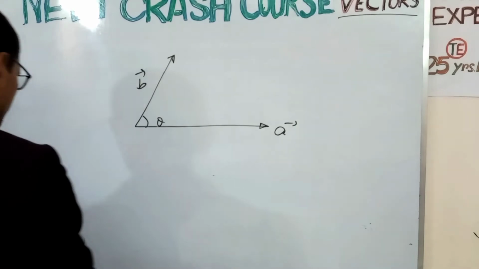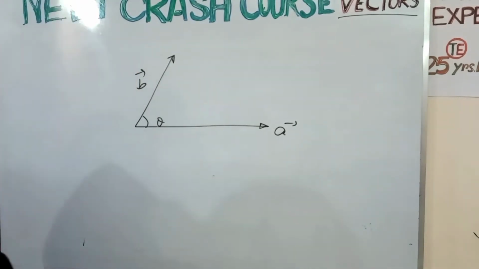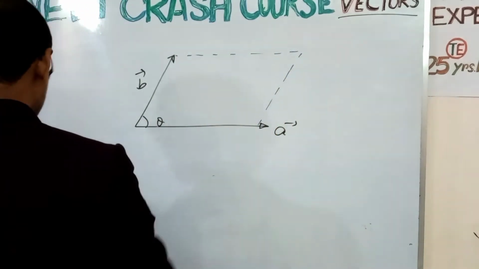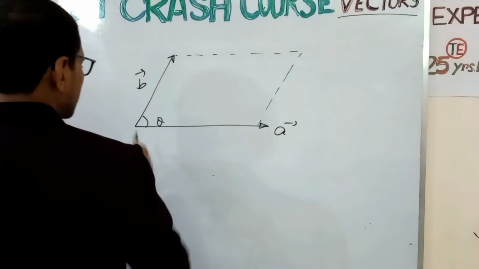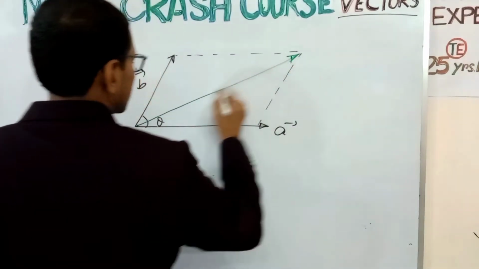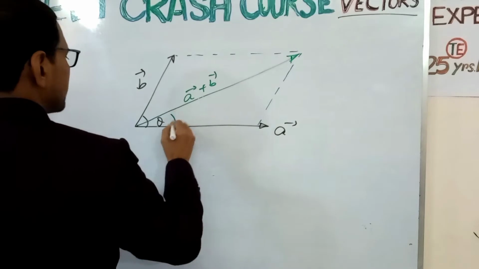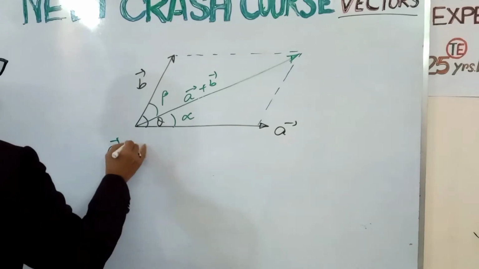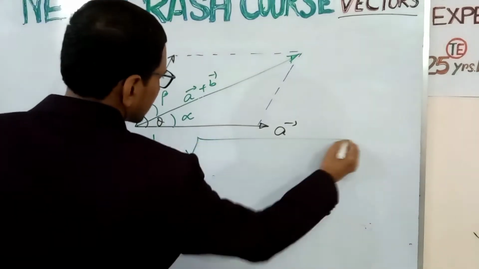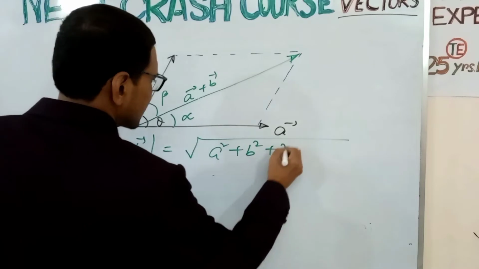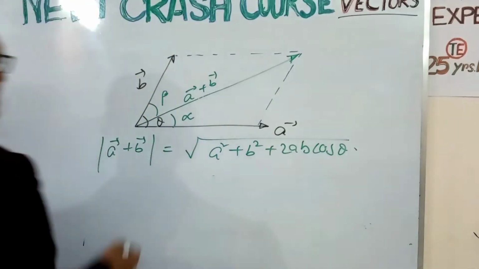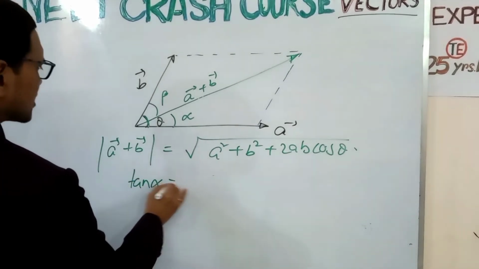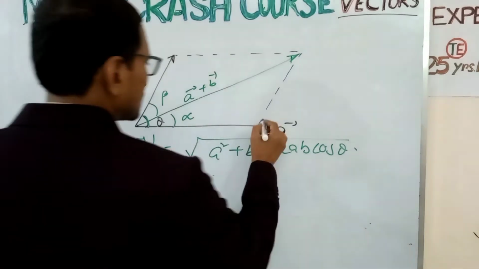Now if we draw the parallelogram, then the diagonal represents the addition of two vectors. We know this is a plus b. Now if this angle is alpha and this is beta, then the magnitude of the addition is root over a square plus b square plus 2ab cos theta, where theta is the angle between the two vectors, and tan alpha equals what?